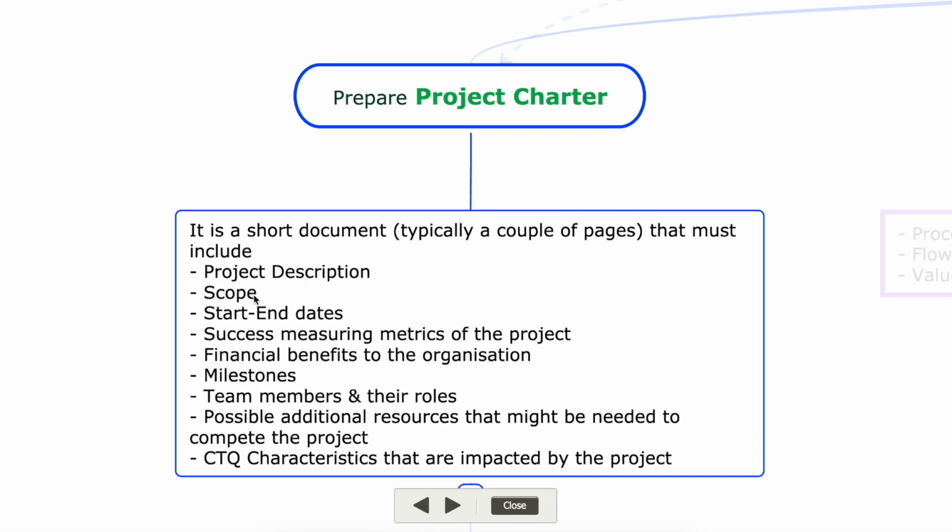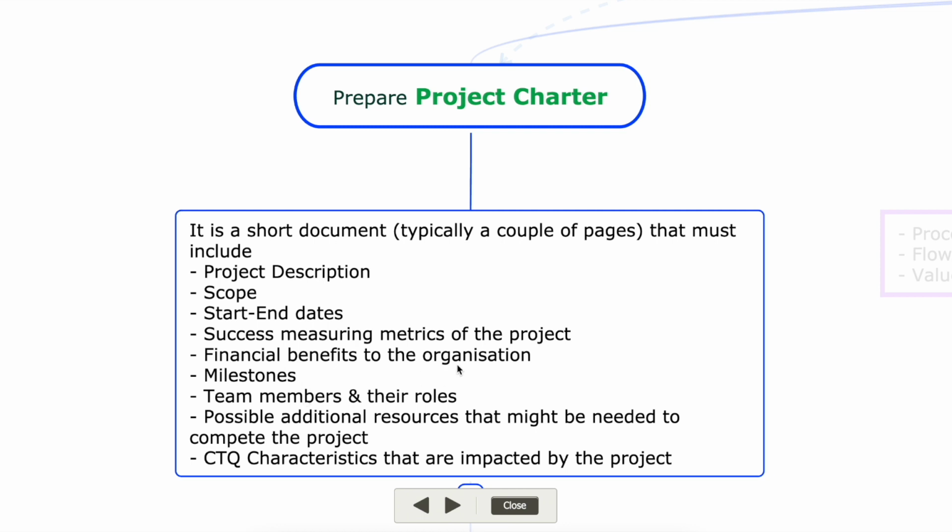So the description of the project, scope of the project, start and end dates of the project, that is when the project will start and when it will end, and success measuring metrics of the project, meaning how we will determine the success of the project. What are those metrics which will help us assess or measure the success of the project?